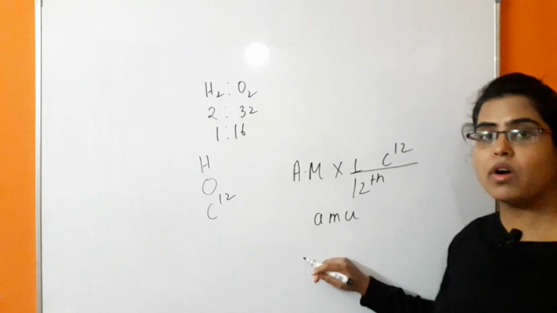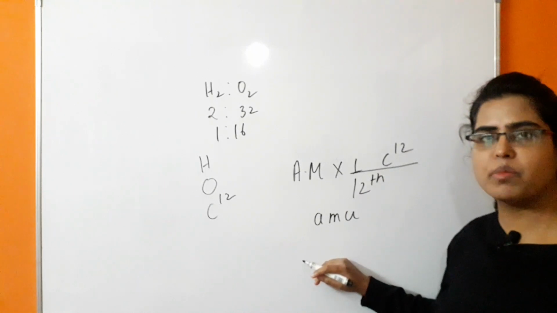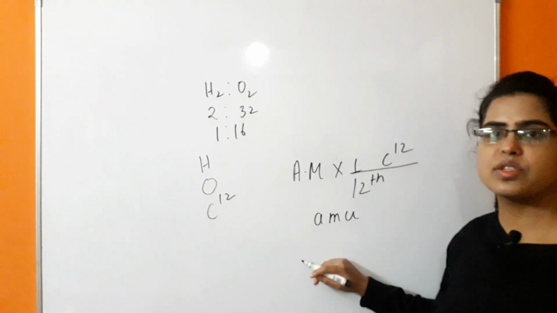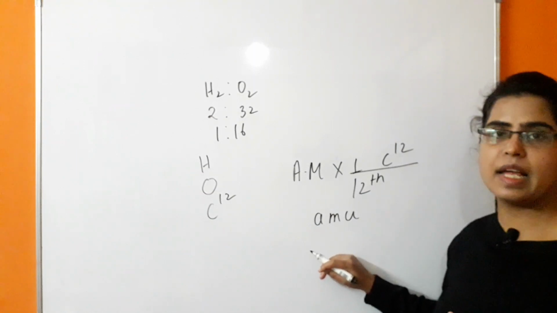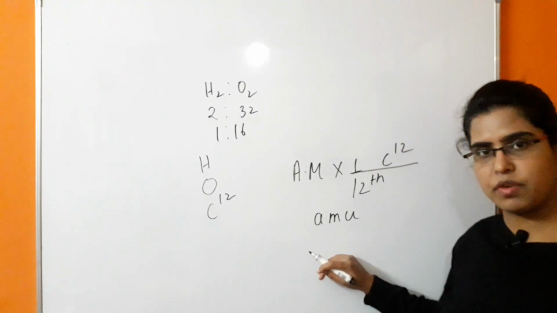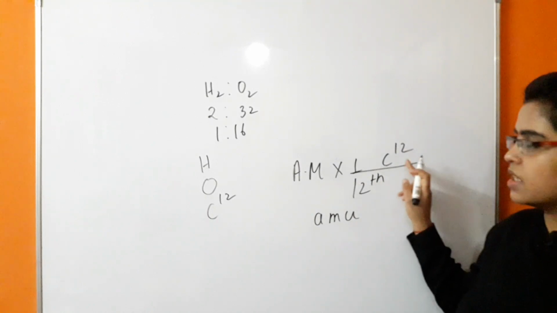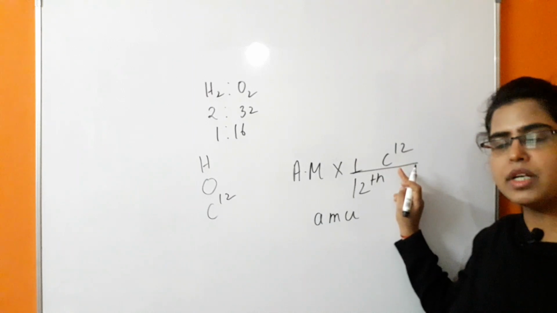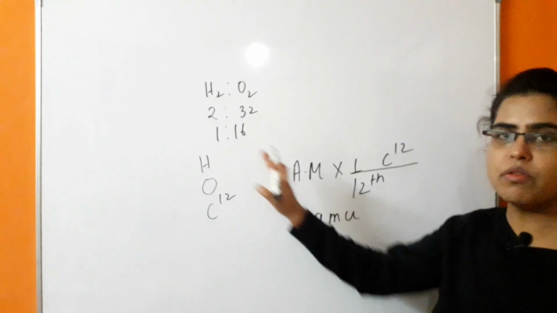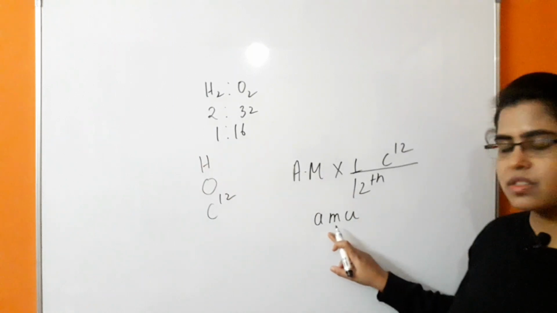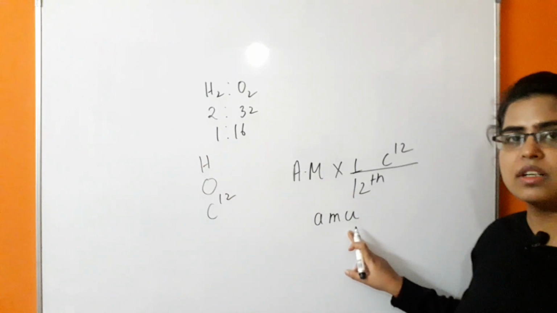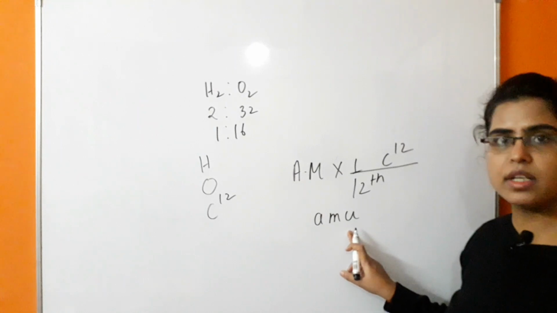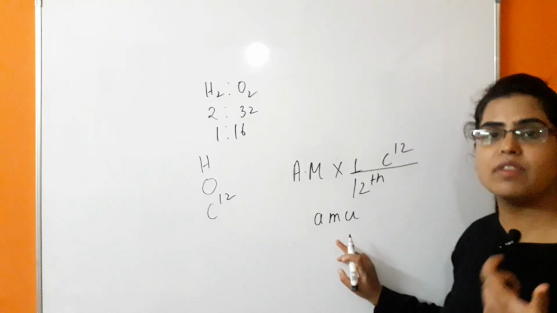We are not determining the absolute atomic mass of an element; we are determining the relative atomic mass, in which one element, the carbon-12 isotope, is taken as a reference.